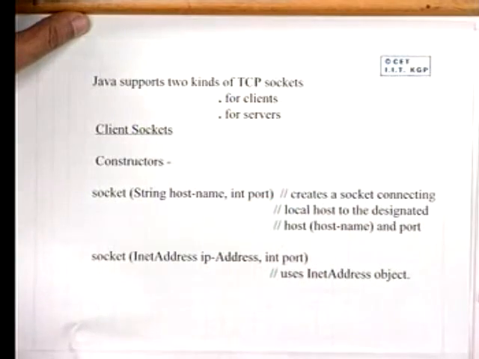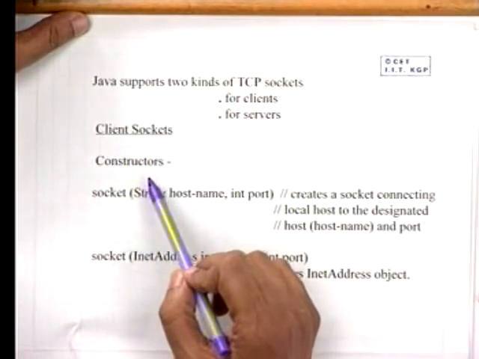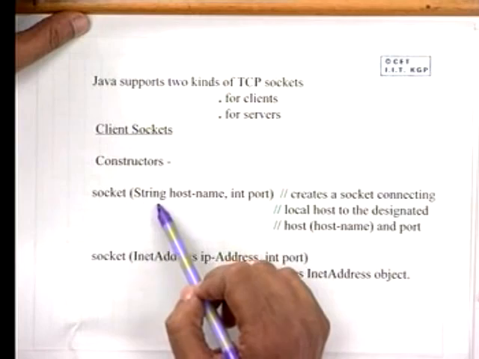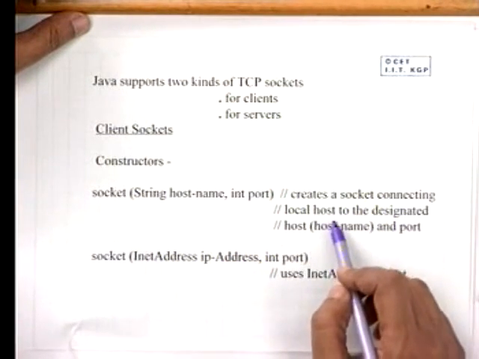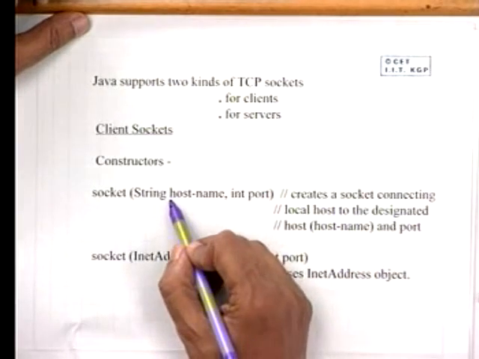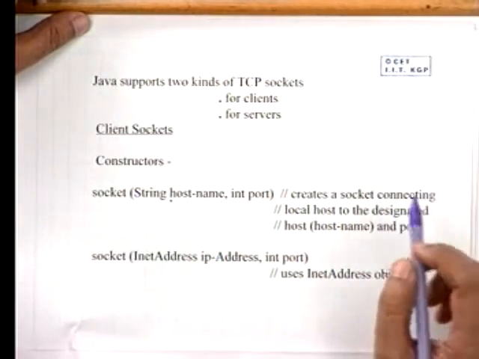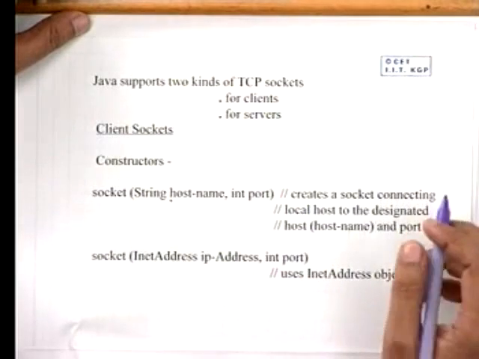In the case of a client, the constructor is Socket(String hostName, int port). It creates a socket connecting the local host to the designated host, with the host name and the port.